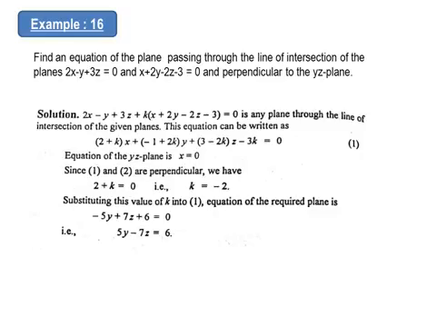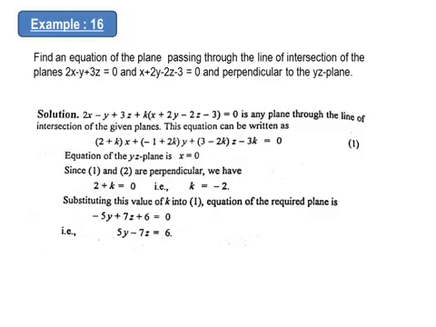This equation can be written, after taking the common factor x, y and z, as 2 plus k times x plus minus 1 plus 2k times y plus 3 minus 2k times z minus 3k equals 0. The equation of the yz plane is obviously x equals 0.